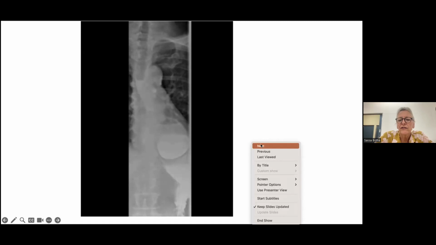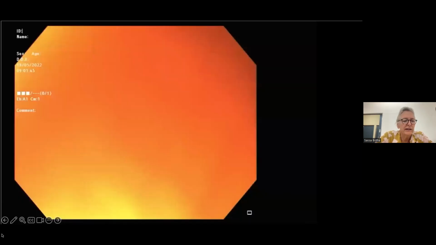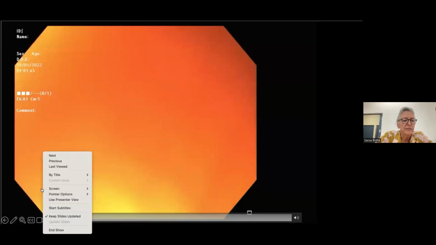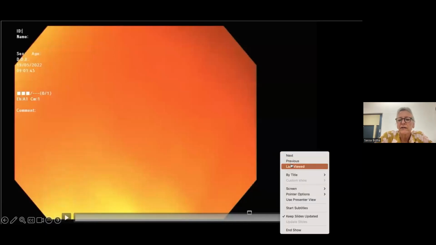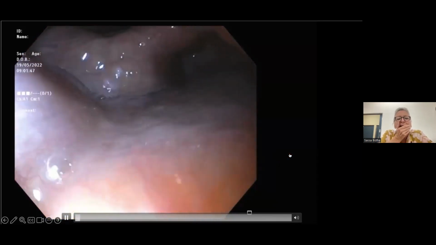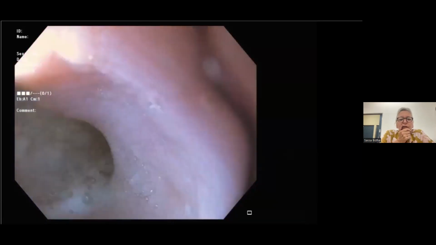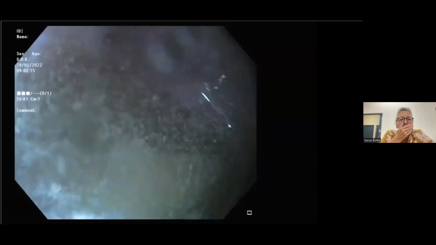And I'm not sure if this other one will play. Let me just see if I can get it to play. No, it won't. It doesn't matter. But you've got the idea. Oh, there it goes. Okay. So that's just to illustrate what it looks like on gastroscopy.